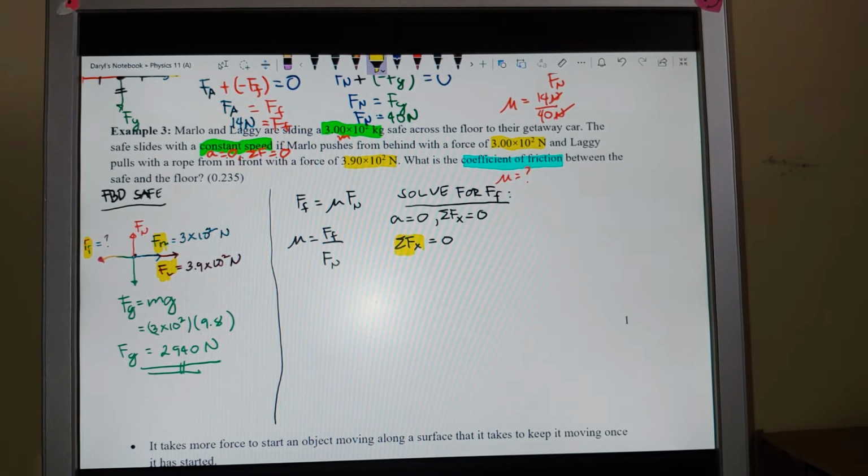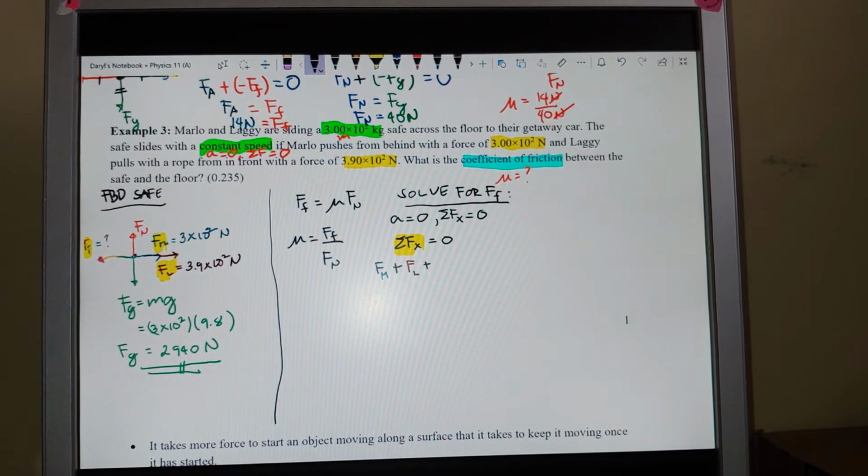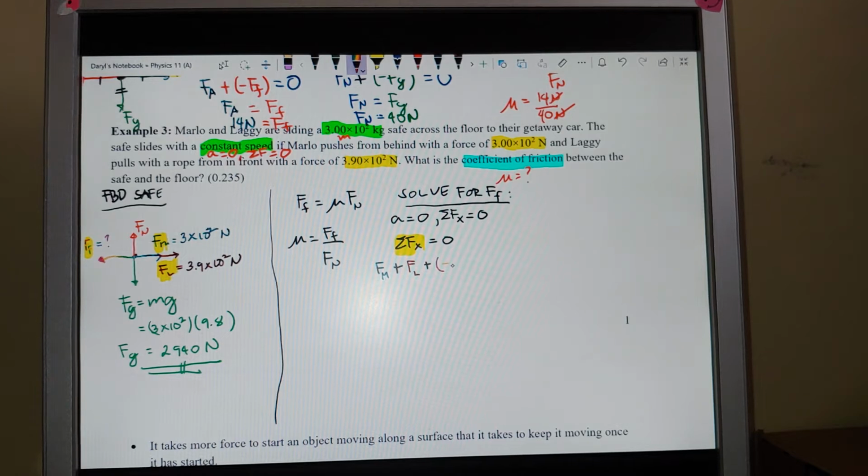So I have here FM, it's one of the forces, plus FL, then plus the negative of FF.